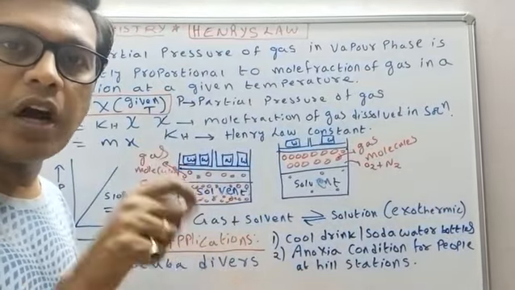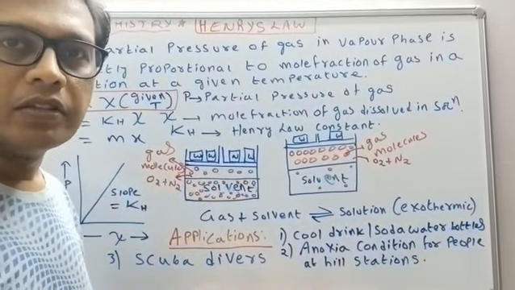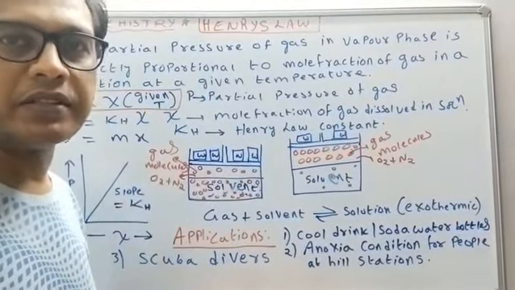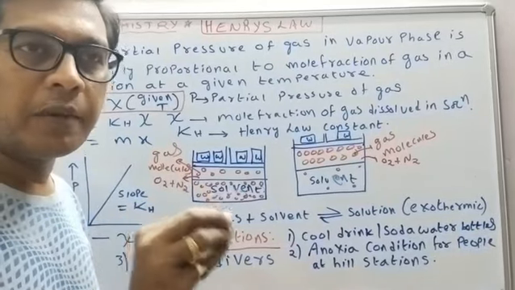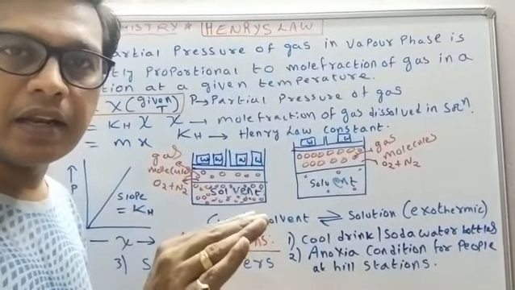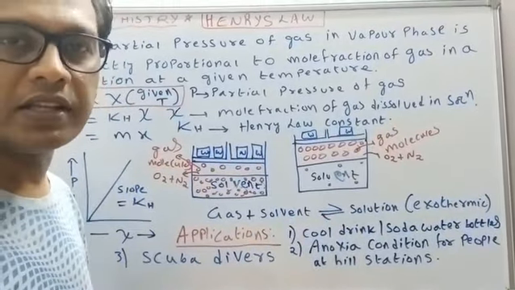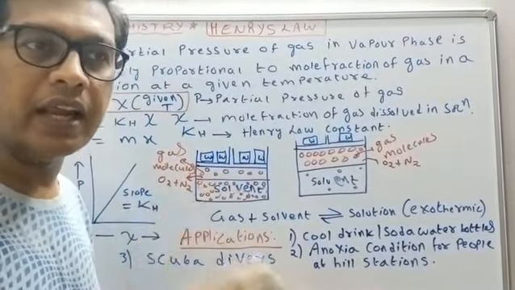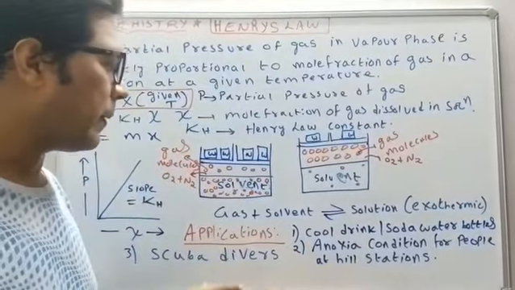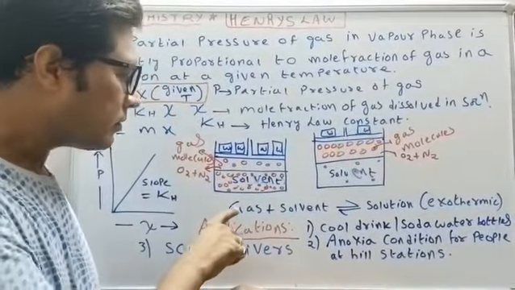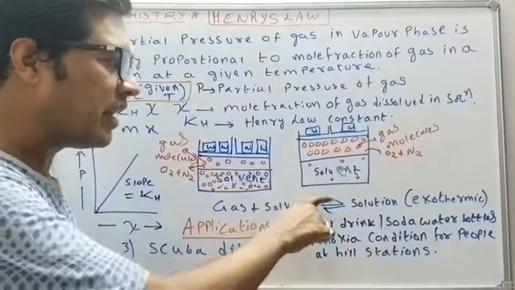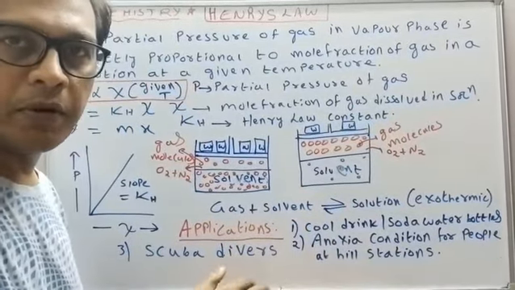And the survival of aquatic life is also based upon Henry's law. We all know that dissolved oxygen is there in water. If we observe, in the summer season more fishes die when compared to the winter season. Why? See, Le Chatelier principle here. Dissolution of a gas in a solvent is an exothermic process.